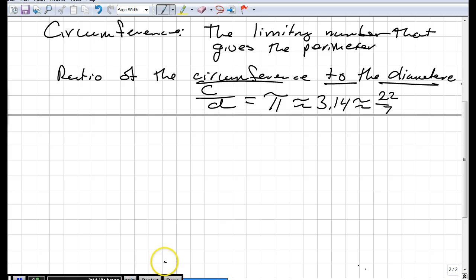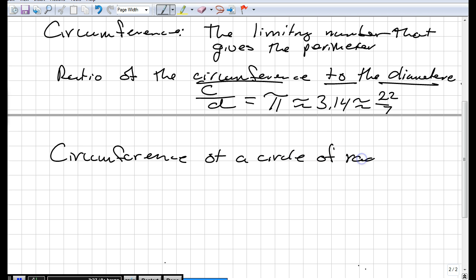All right? And so the formulas are the formulas that you already know. Circumference equals 2 pi r if we're talking about a circle with radius r.